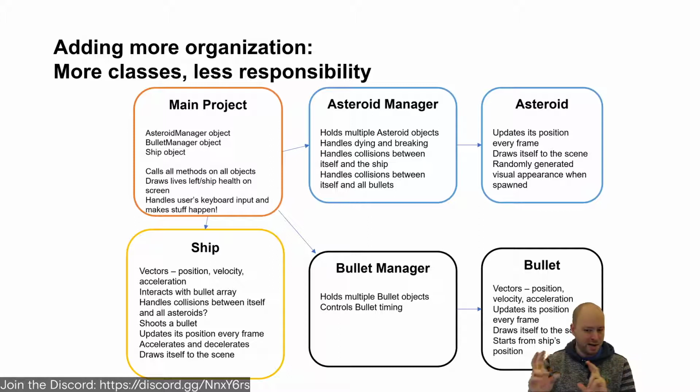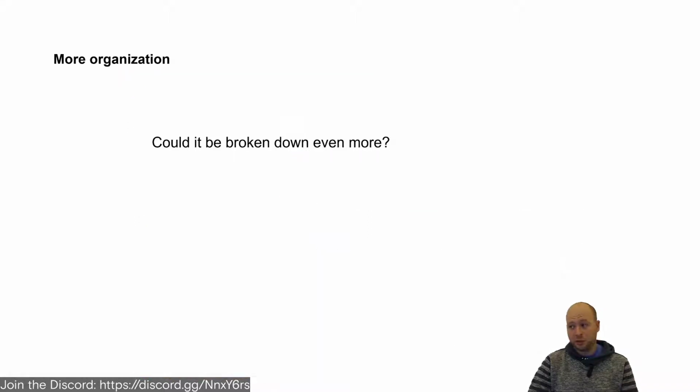You can see this manager pattern works particularly well where you have objects that are being instanced, created, destroyed and interacting with each other. Now instead of the main project managing those things directly, it's managing these managers, which have broken them down into smaller and smaller components. Can we break it down even further?